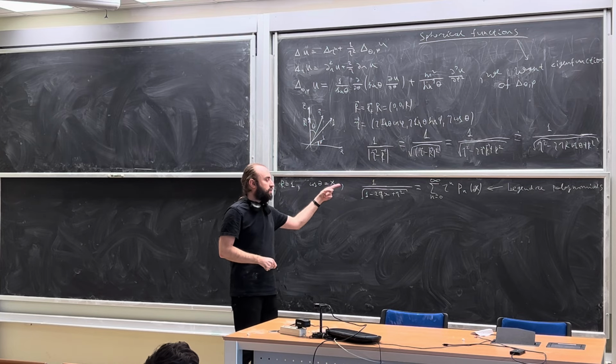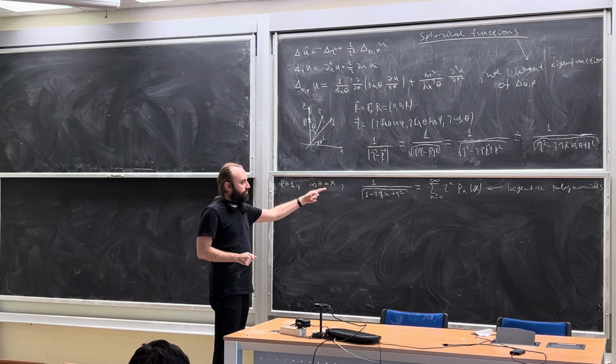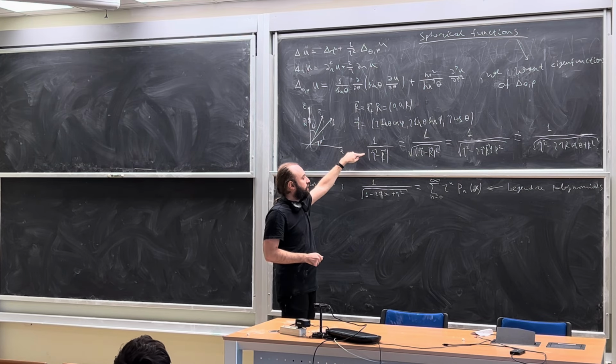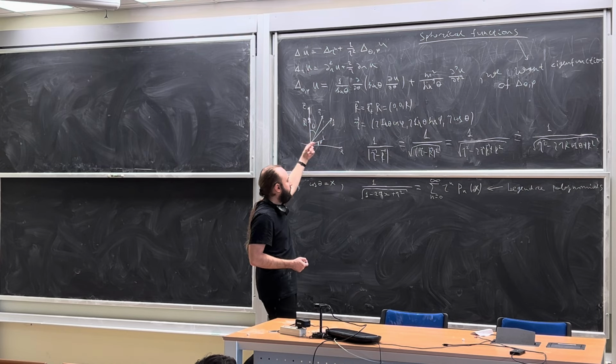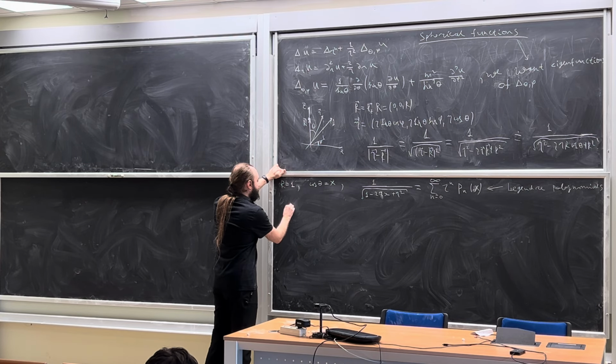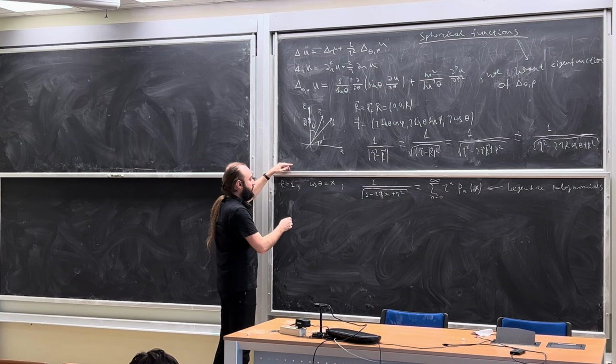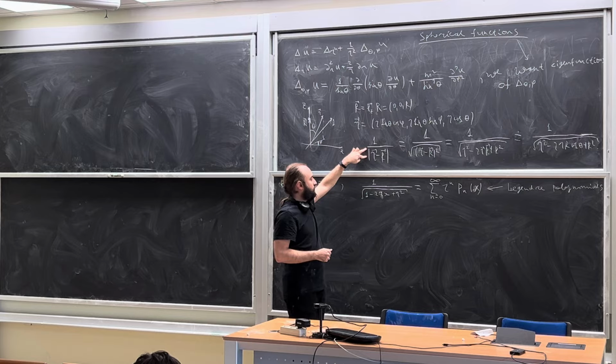And so then the logic was the following. We know that this is a Green function of our Laplace equation, so we know that the Laplace operator, we can actually multiply it by r squared. So r squared times the Laplace operator equals this expression.